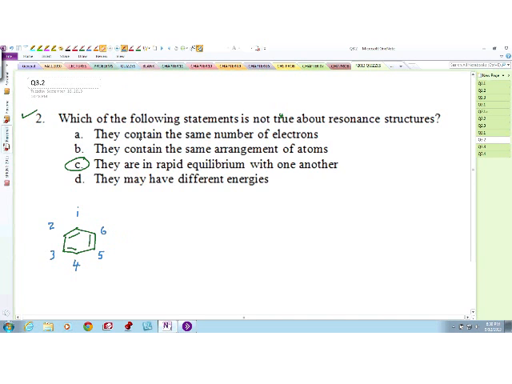What would it look like? This is the same thing, just different. What does the resonance structure look like? Give me the numbers to tell me where the double bond will be. The double bond will be between 1 and 6? Yeah, 1 and 6.